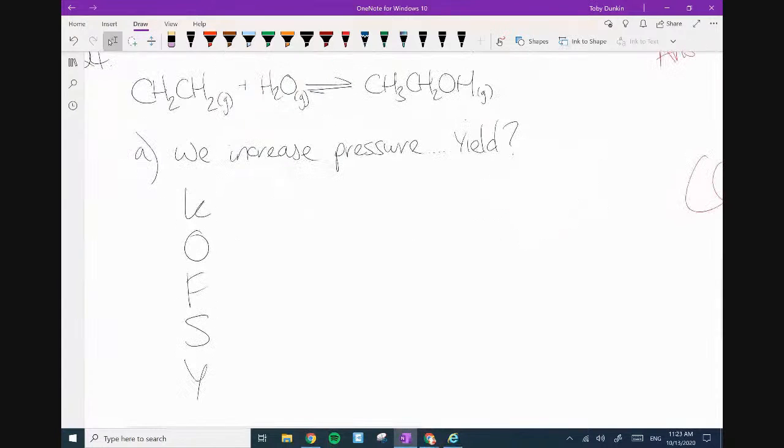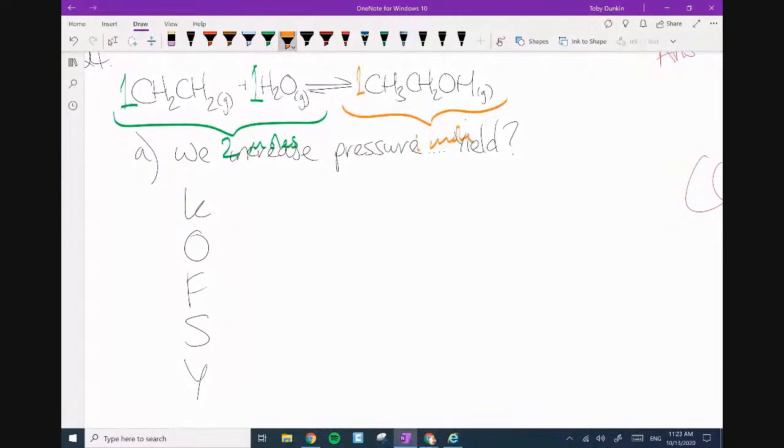I've got 1 mole of gas there, 1 mole of gas there. The total is 2 moles on the left. And on this side, 1 mole of gas only. So knowledge: 2 moles of gas on left and only 1 mole on right.